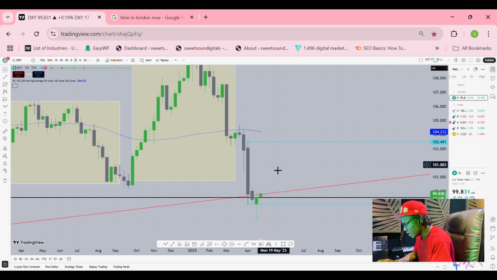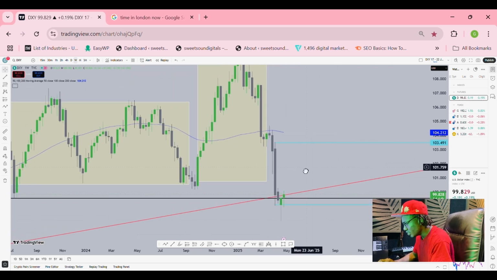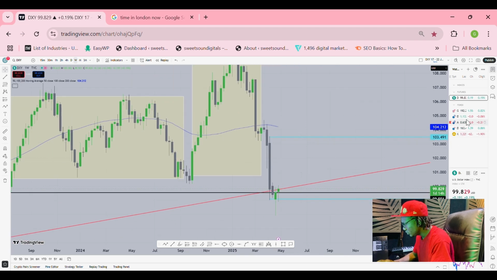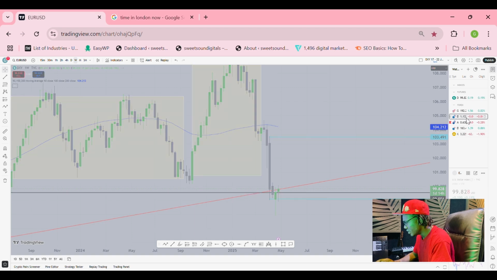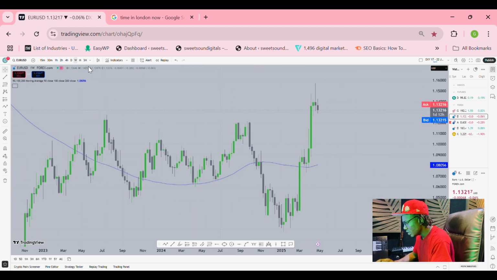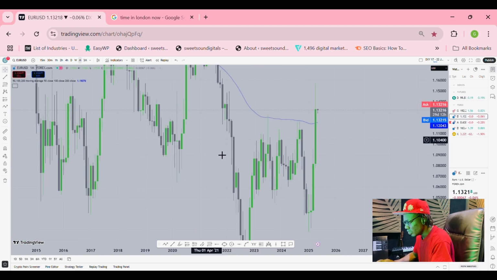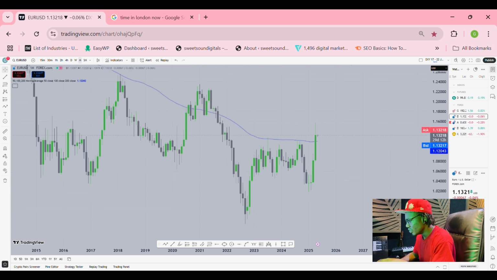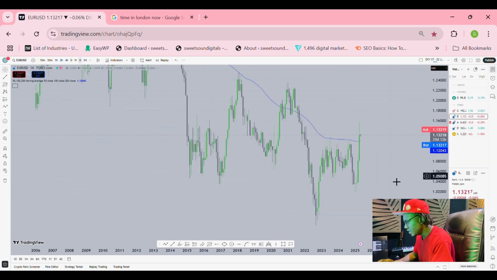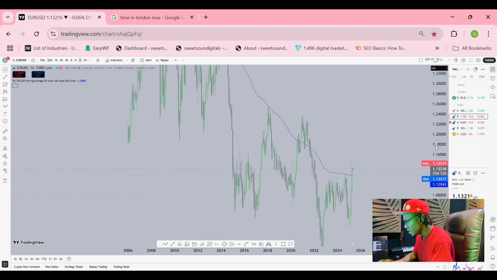Okay, now let's go over to the Euro USD. Now back to the monthly time frame of the Euro USD. Let's see if we can find our trend line.